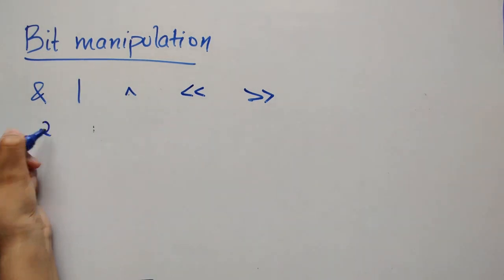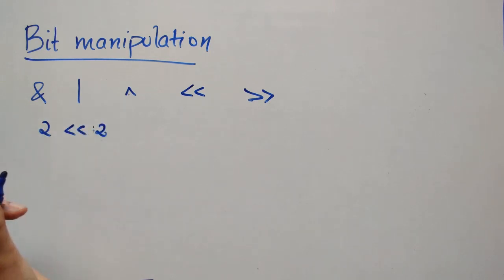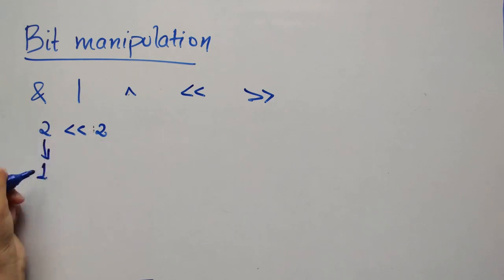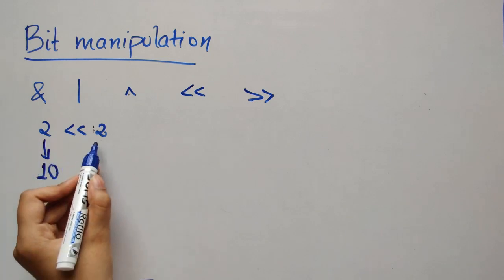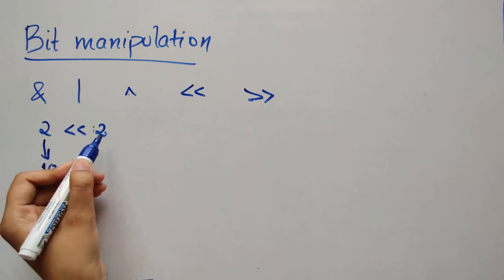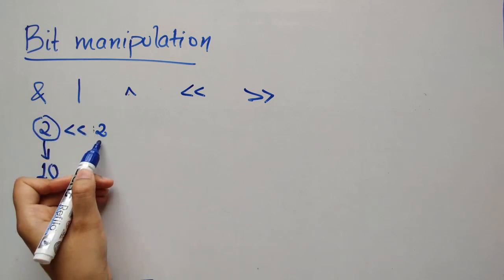2 left shift by 2 digits. Understand one thing. The first number that I write here is the one whose binary representation I have to write, which is 1 0. The second number has nothing to do with bits. What it's saying is, I want to left shift this number right here by 2 digits.